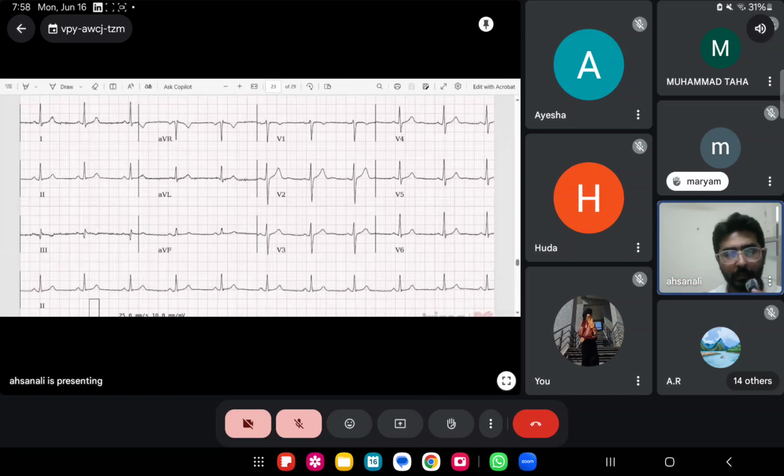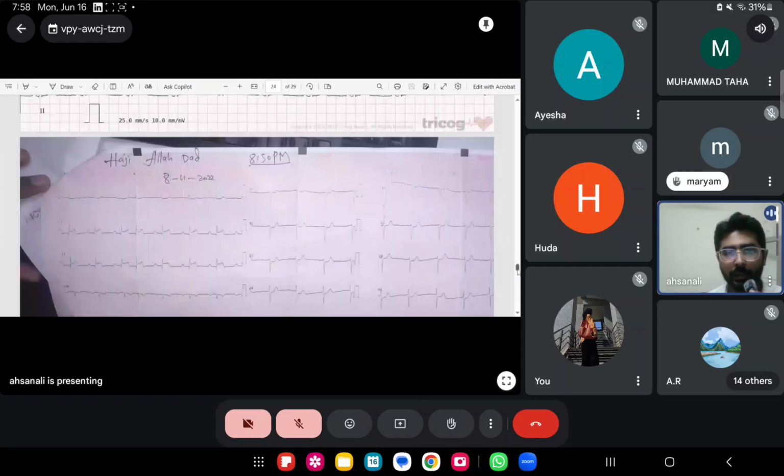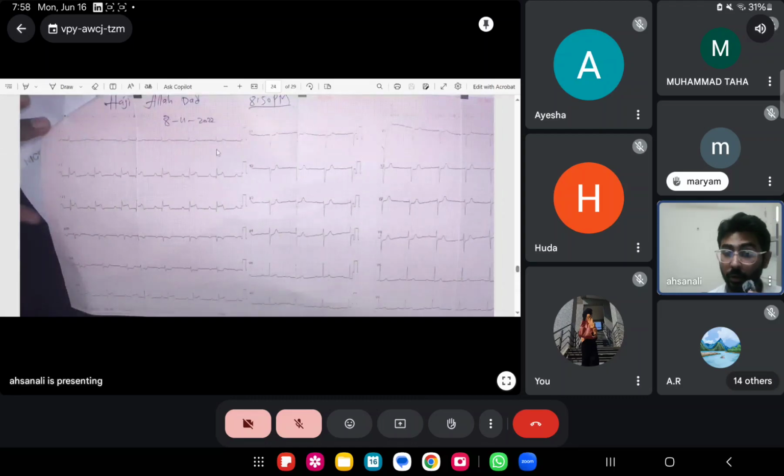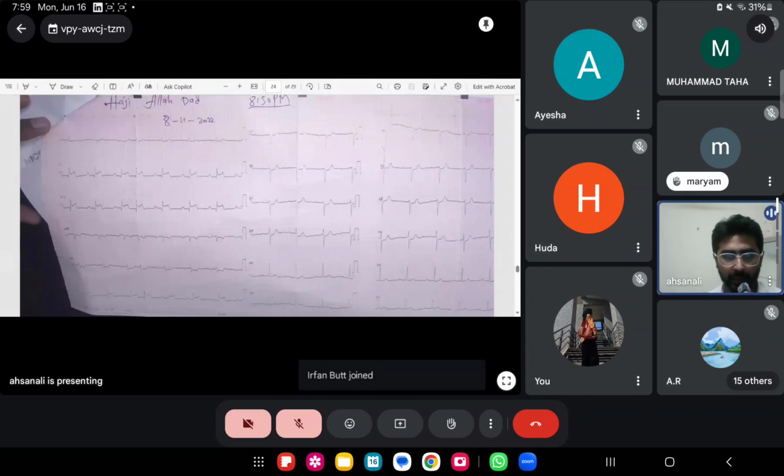All right. So moving forward, now we are coming to a few cases that are commonly presenting in the emergency department. So can anyone tell me regarding this ECG? Don't need to worry. Nobody is going to judge you. If anyone is going to answer, you can even write in the chat box. If you are not comfortable speaking, that's fine with me.